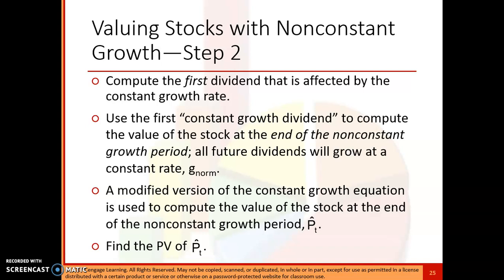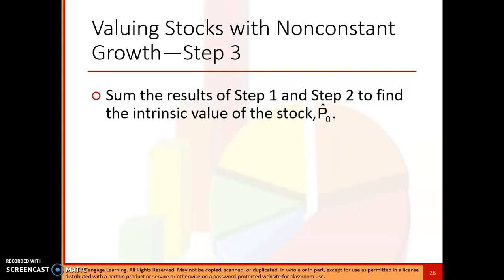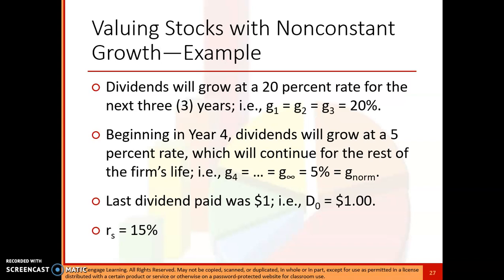So we present value that back 3 years, along with the other dividends, to get the value of that company, or value of those shares of stock. So sum the results in step 1 and step 2, and you find the intrinsic value of the stock, P0 or V0, however you prefer to look at it.